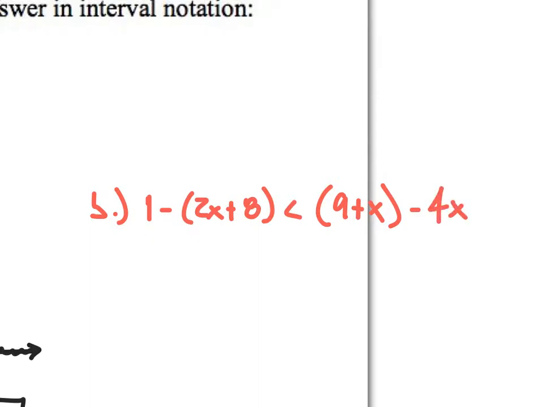The first thing I want to do is distribute my negative into the parentheses, so I get 1 - 2x - 8 is less than 9 + x - 4x.